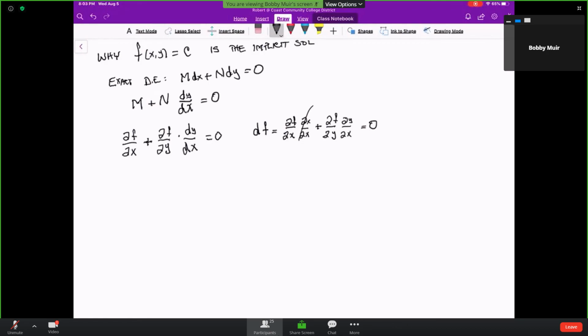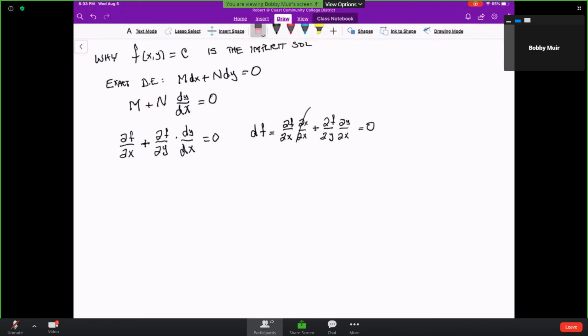And it's good integrating. So let's see here. Let's try this guy. Y squared minus 2x dx plus 2xy dy equals 0.